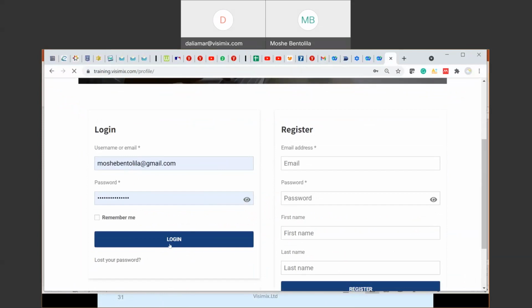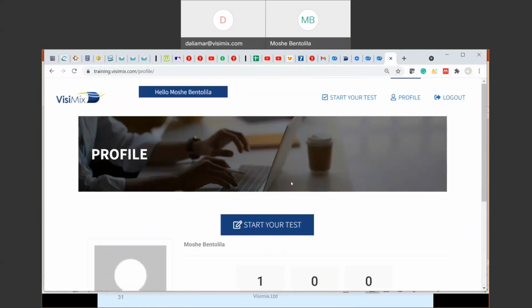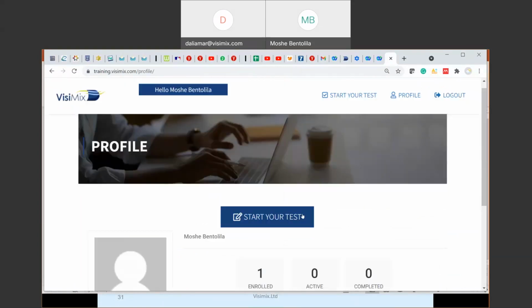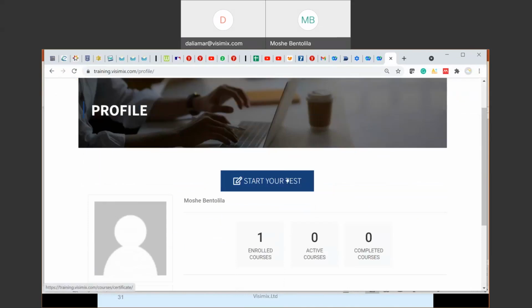I click login, and now because I was inside, it's open, so you can start your test. Okay, I will start my test. We have only one test. Okay, the test is a group of questions. Because we are preparing it not only for the basic training, we're preparing for advanced training, for special training, for different products. Okay, this is the starting point.